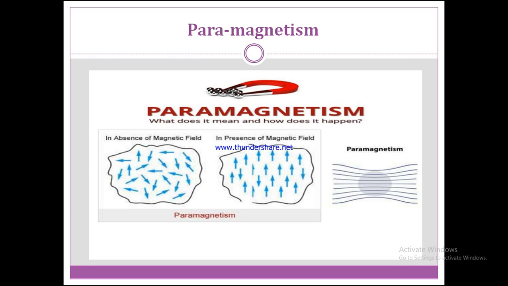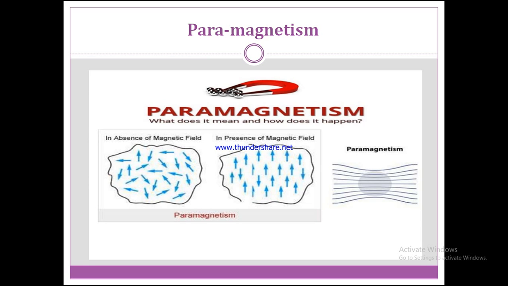Now, in this type of material, in the absence of an external field, the orientations of atomic magnetic moments are random, leading to no net magnetization. In the absence of any external magnetic field, the magnetic dipoles are dispersed or in random directions, leading to no net magnetization.